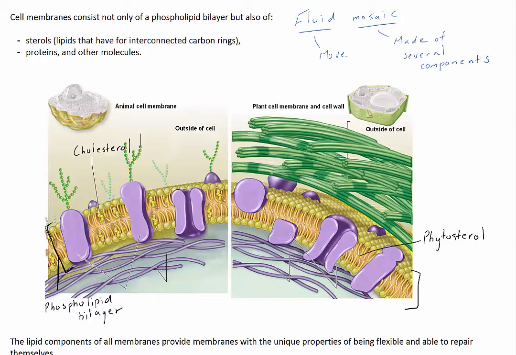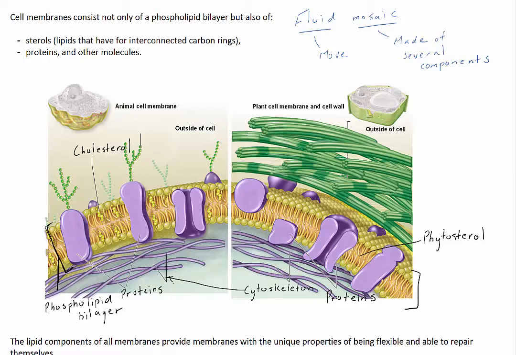Both animal and plant cells have proteins embedded in their cell membranes. And they also have something called a cytoskeleton, made out of another type of protein, which helps to provide structure for the cell membrane.